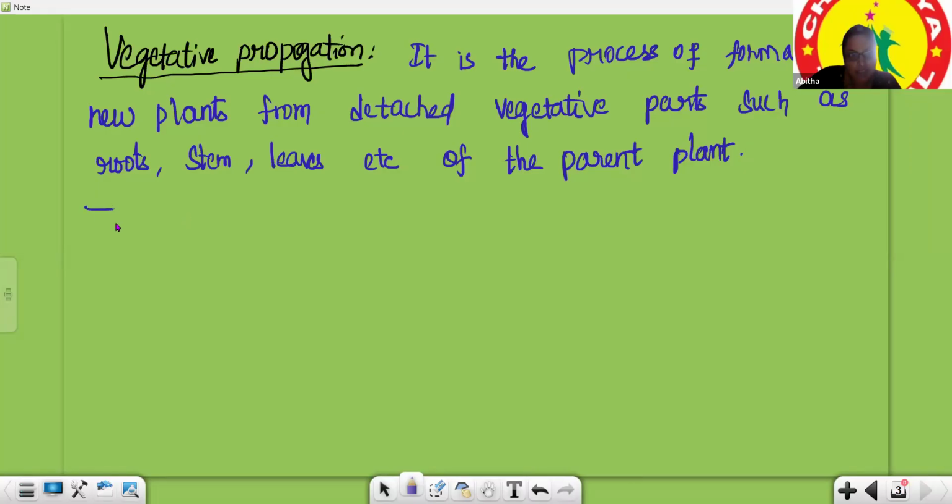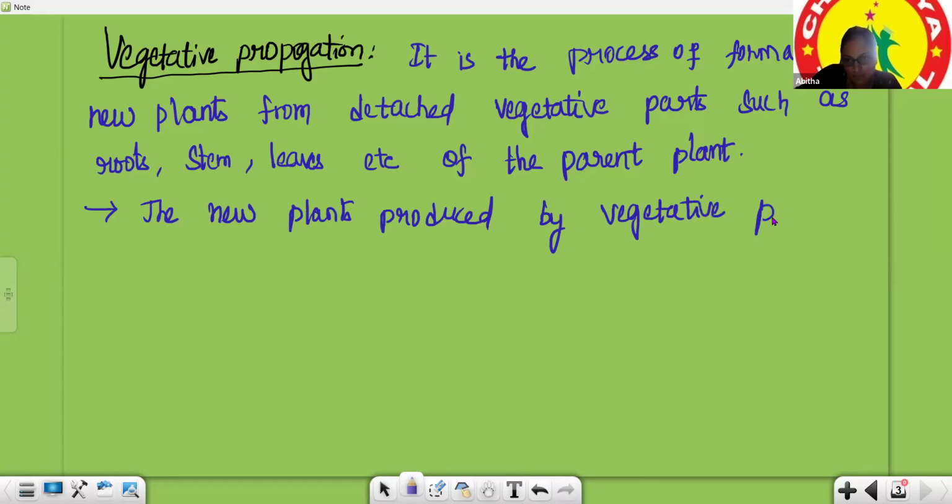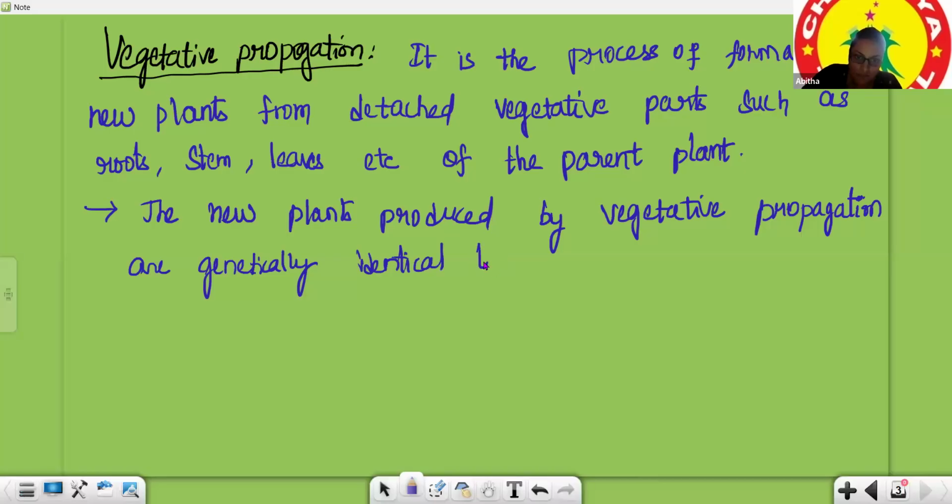So you can note that point. The new plants produced by vegetative propagation are genetically identical to the parent. Understand?